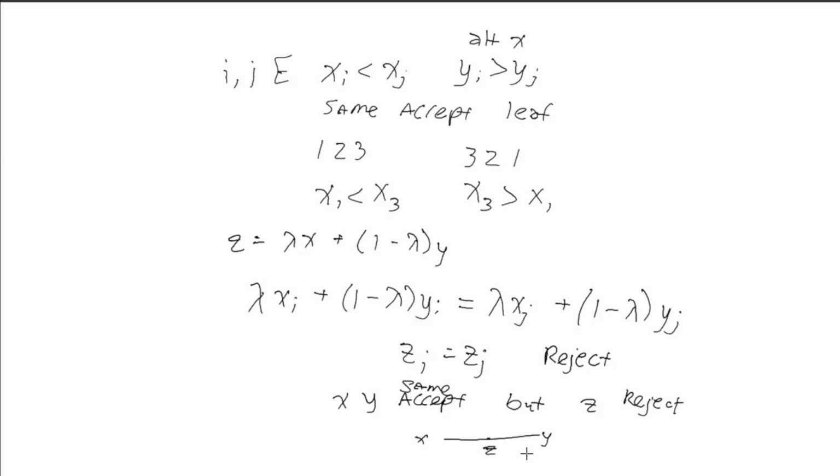So the only explanation is that x and y, which is an alternate permutation of x, must both reach separate accept leaves.